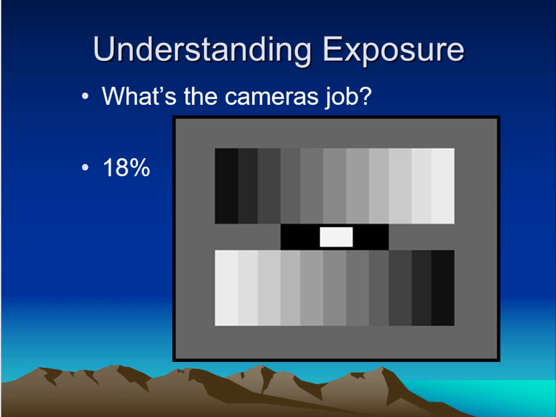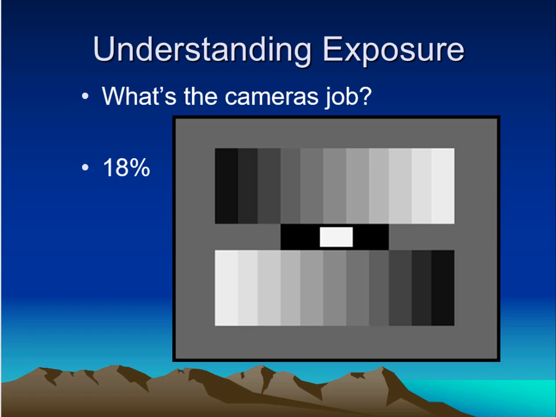These are the Kodak gray cards. Same color as you see with this, and the gray that goes around the grayscale in this frame here is 18% gray. If you were to use a gray card and meter off of it while you're in the field, you'd get a perfect exposure as long as the light that's hitting your landscape is also hitting the card. That's what the camera's job is.